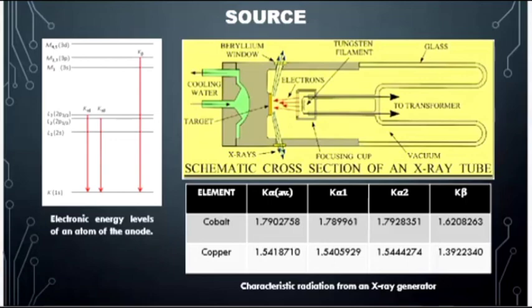A characteristic amount of radiation is emitted from the target material, depending on the energy level of the atom as well as the target material used. Typically, the target material is copper, and the characteristic radiation is classified as K alpha 1 and K alpha 2 radiation.